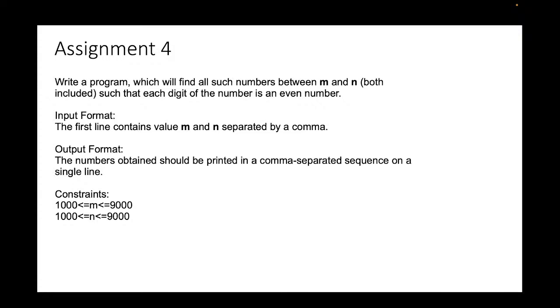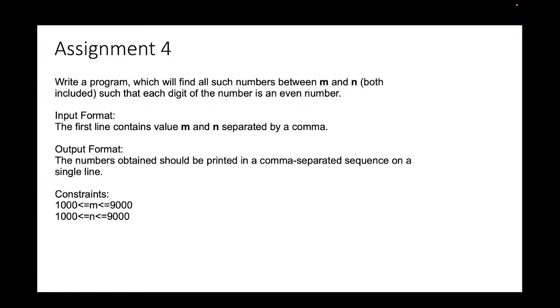So over here, for checking if each digit is even, you can convert the number into a string, and then you can iterate through that string. Whatever number is between m and n, convert that into a string, and then for each character in the string, you can iterate through it by converting it to an integer again.